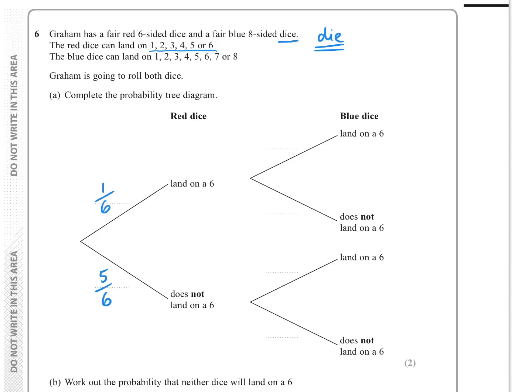And for the blue dice, to land on a 6, there's going to be 1 out of those 8, so 1/8 of the time. So it must be 7/8 to not land on a 6. But then if you had done not landing on a 6 first, then landing on a 6 for the blue dice, you would have the same outcome again, so 1/8 and 7/8.